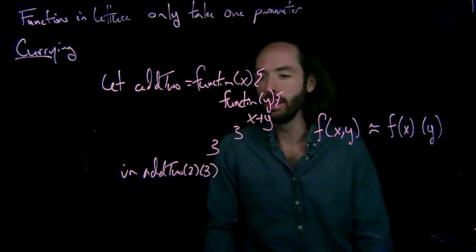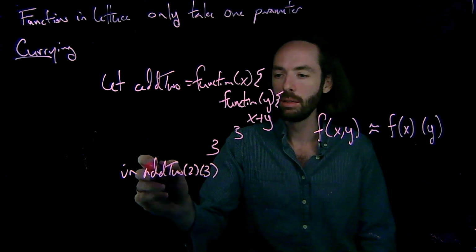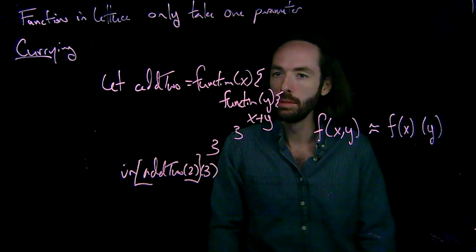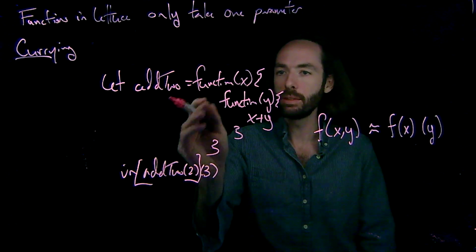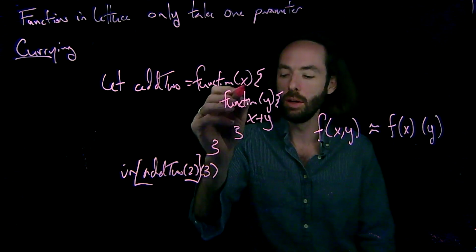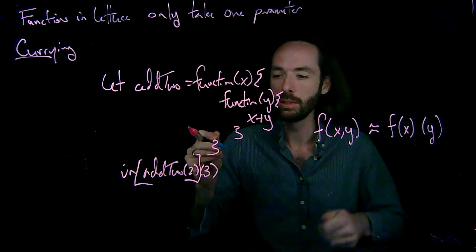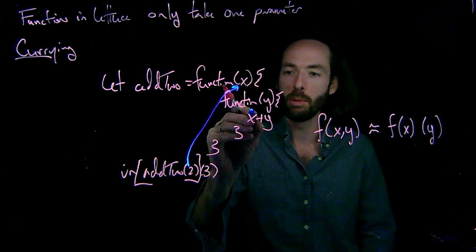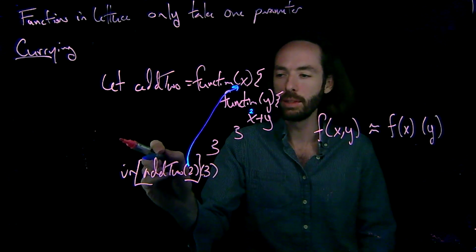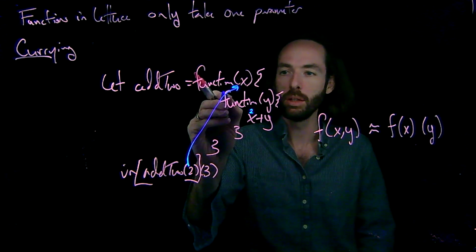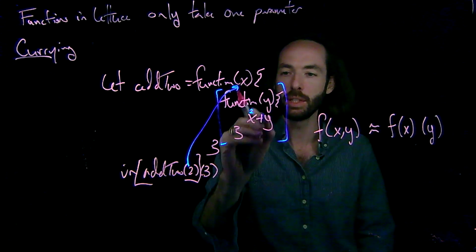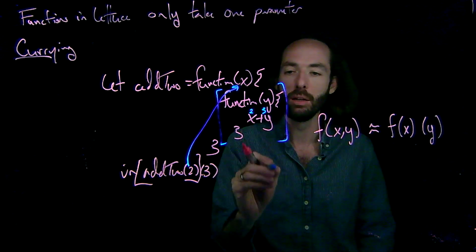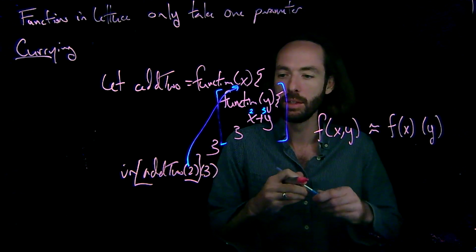So what's going on here? Well, when I call add2 on 2, this is going to replace x with 2. So 2 is bound to x. And what do we have in the square brackets? That's this function, which takes in a parameter which is going to be 3. So 3 is what y is replaced with, and we get 2 plus 3 is equal to 5.